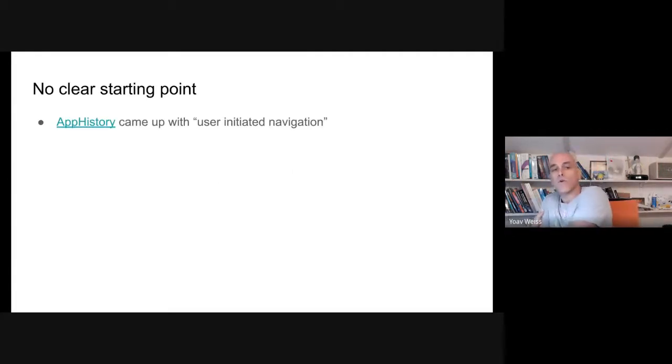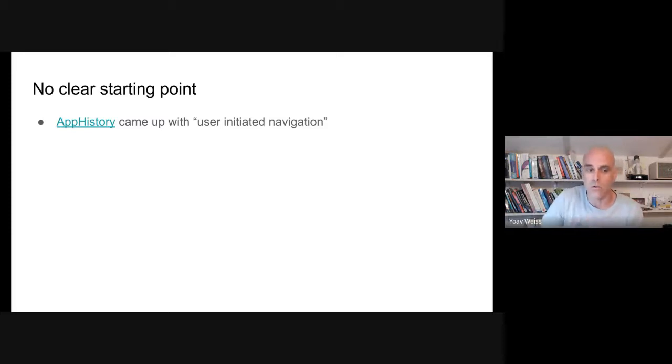Regarding the no clear starting point, for the app history API that I mentioned earlier, they came up with the concept of a user-initiated navigation. That is a navigation that is triggered by the user clicking on an actual semantic element, either an anchor or a form, and that is resulting in a navigation. So a navigation where, if the app history wouldn't be there and JavaScript is not supported, it will just happen as a multi-page app.